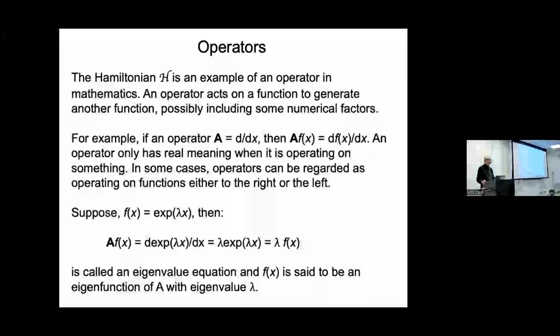Something like if the function was x squared, the derivative operator acting on x squared gives back 2x, which is not the same function. So x squared is not an eigenfunction of the operator d dx, even though we can operate on the function x squared. We can operate on the function sine of x, right?